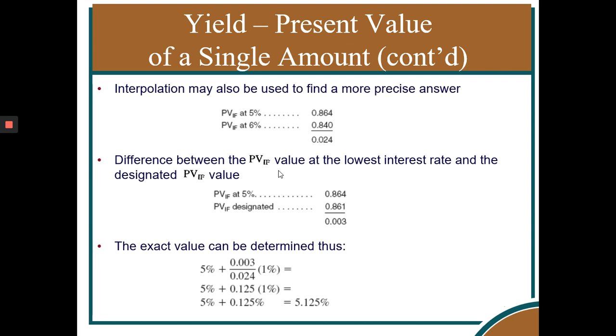There are other ways of calculating by using the interpolation method because it's trial and error. But what we're going to be using mostly is calculating time value of money using the PV table. You don't need to do trial and error. It might be time consuming, and sometimes you have difficulties finding the matching answer.